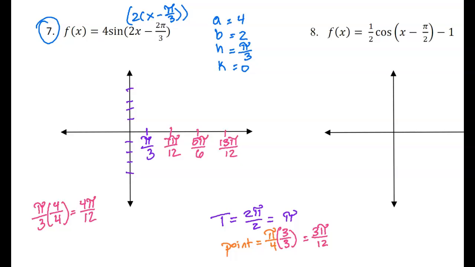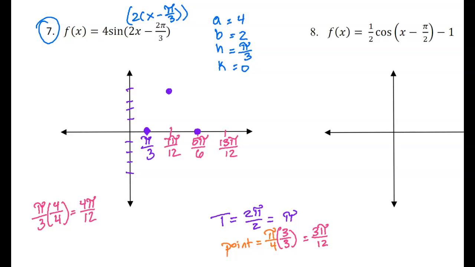It is a sine graph, so we start at 0, 0, but it has been shifted to the right pi over 3. So my initial point is actually here. Then I go up to my max. I go back down to my x-axis. Oh, did I forget? I didn't do enough tick marks. That's fine.